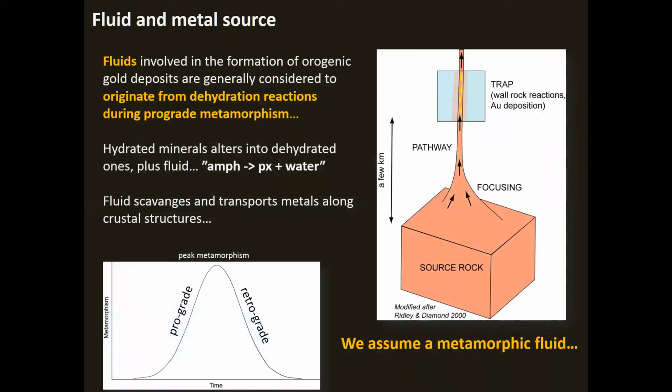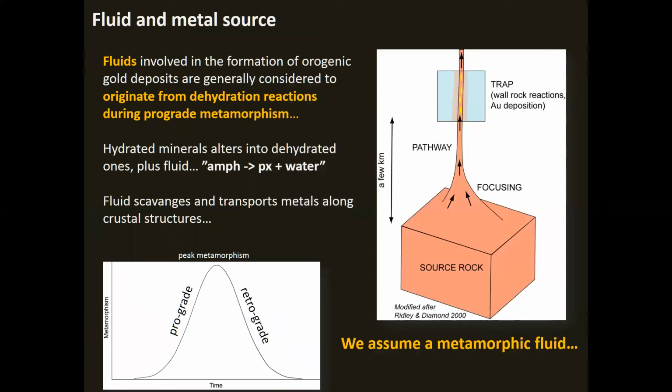So for orogenic gold deposits formed by metamorphic fluids, the running hypothesis is that the fluid originates from dehydration reactions during prograde metamorphism, during breakdown of chlorite, generating the fluid, and the dehydration of hydrated minerals such as amphibole.